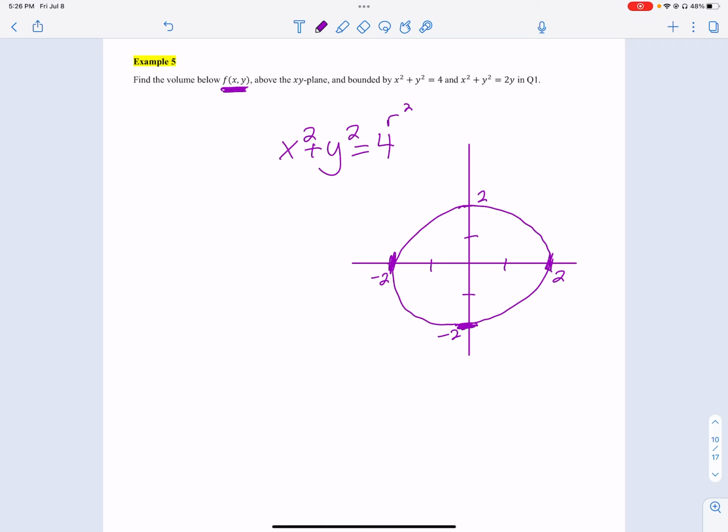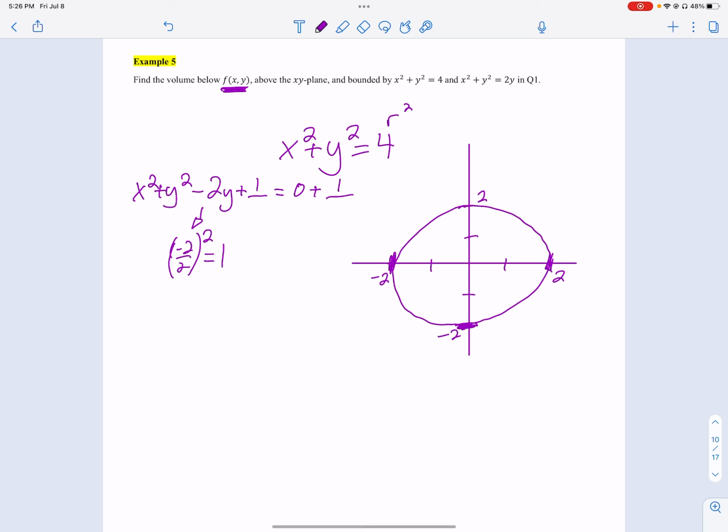And then the other one is not as obvious, but if we take x squared plus y squared minus 2y, we can complete the square to fix this. So I'm going to put a plus blank equals, and then the other side has a 0 plus blank. I take the coefficient of the linear term, cut it in half, and then square it. So that's negative 1 squared, which is 1.